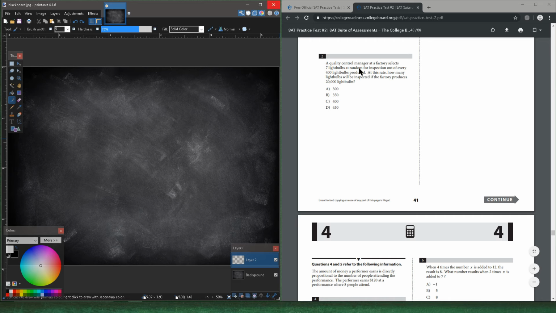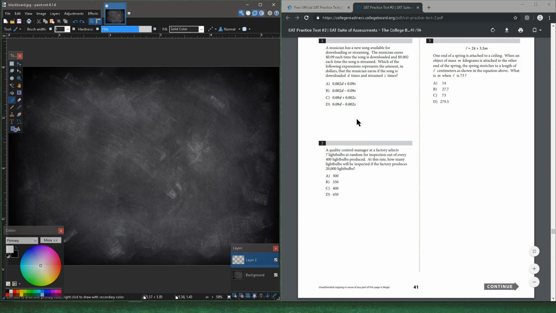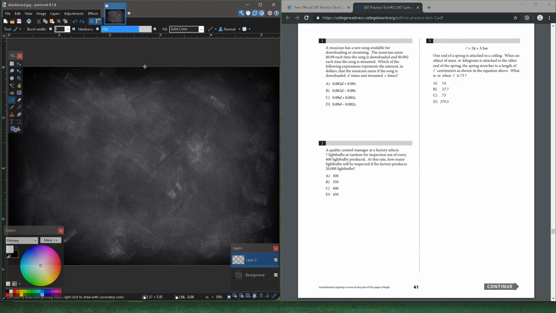A quality control management at a factory selects 7 light bulbs at random for inspection out of every 400 light bulbs. At this rate, how many light bulbs will be inspected if a factory produces 20,000 light bulbs? So this is a proportion question. So it's 7 divided by 400 is x divided by 20,000.